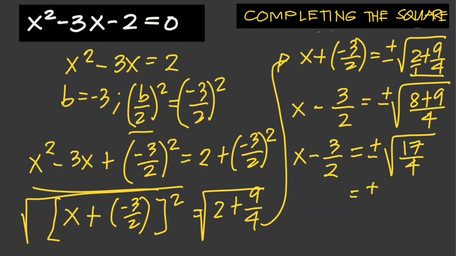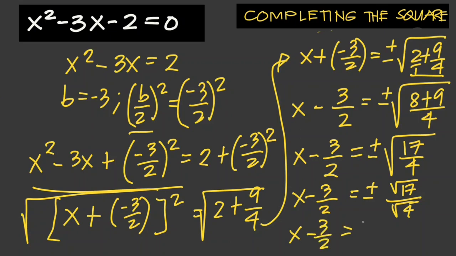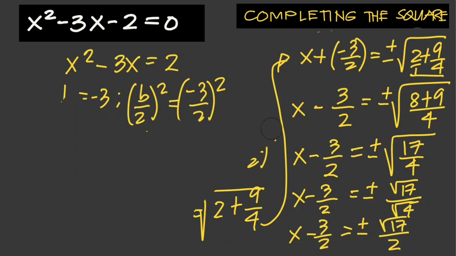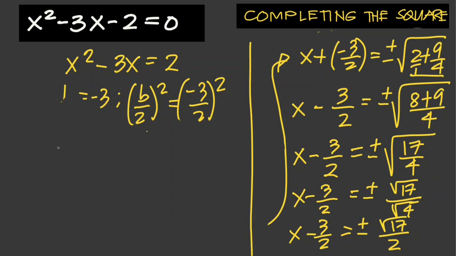This square root of 17 over 4 can be written as square root of 17 over square root of 4, and the square root of 4 is just equal to 2. So we can write that as plus or minus square root of 17 over 2. So therefore, our answer, the value for x would be, let's copy that first.